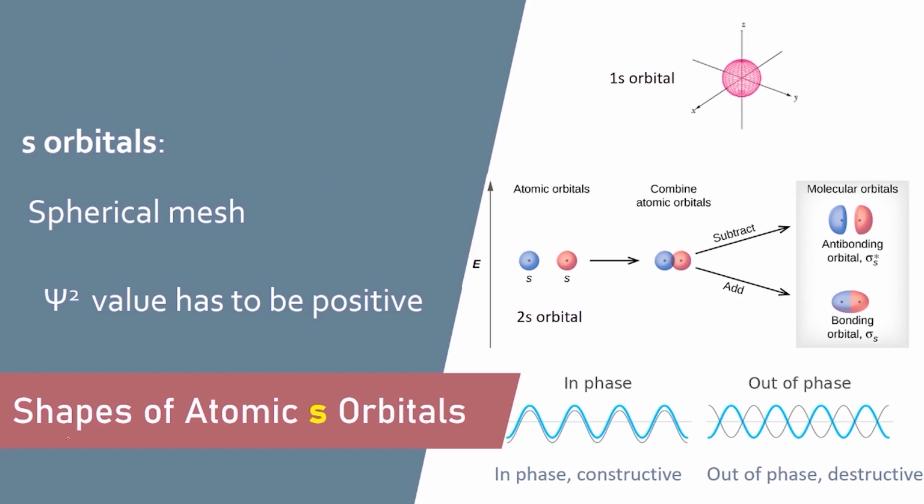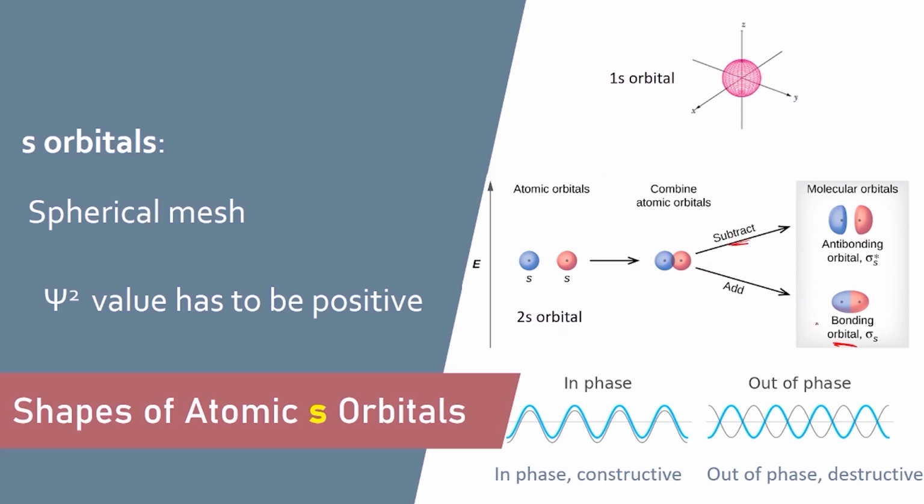First, the s orbital is symmetrical along all axes. That is why we present it as a spherical mesh. Notice there are two spheres and two phases. The two spheres represent the two phases: in phase, when two electron waves overlap, adding up constructively, or out of phase, when the two waves add destructively.